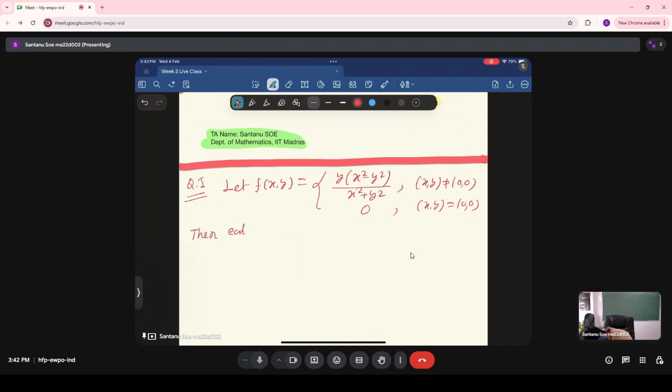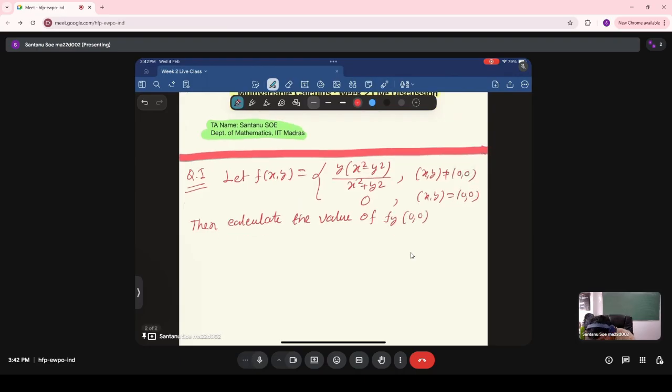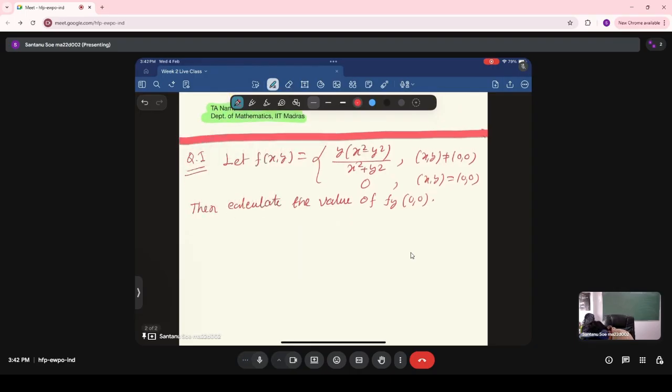Then calculate the value of fy(0,0). Okay, so solution.